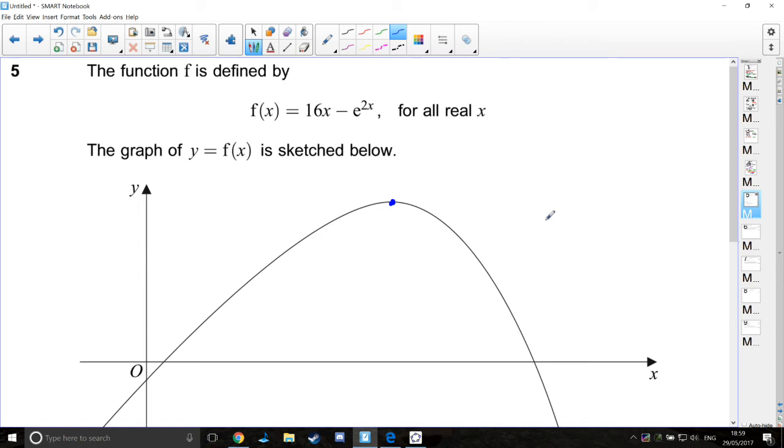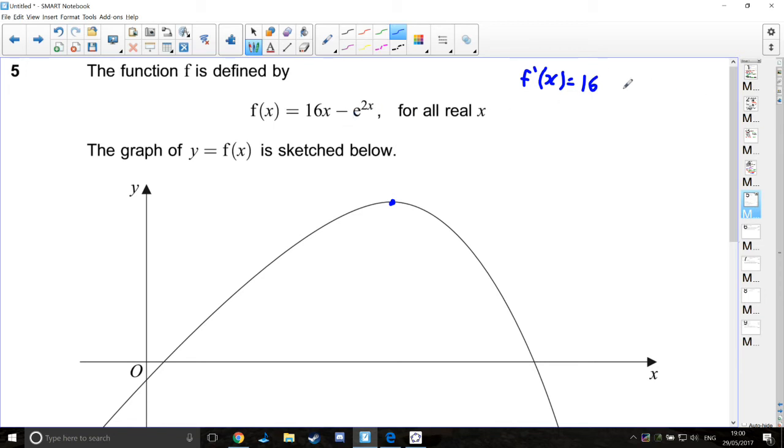So let's work out the maximum. We have 16x minus e to the 2x. To work out the maximum, I'm going to need the derivative, which I've called f prime of x. So I differentiate this and I get, well, 16x goes to 16.